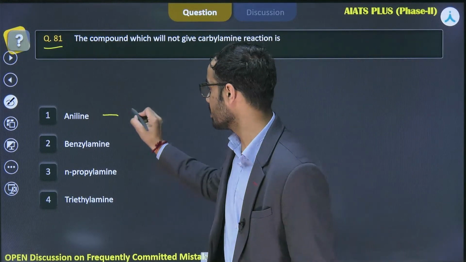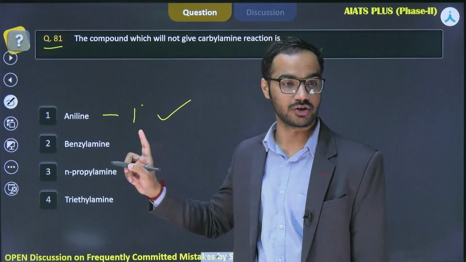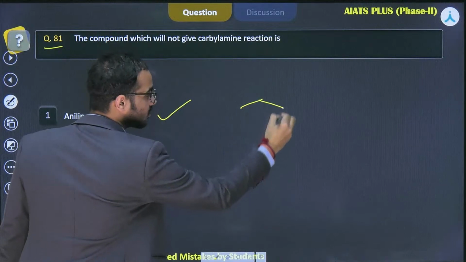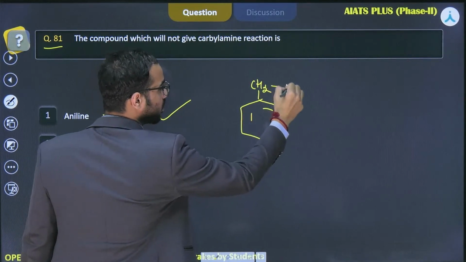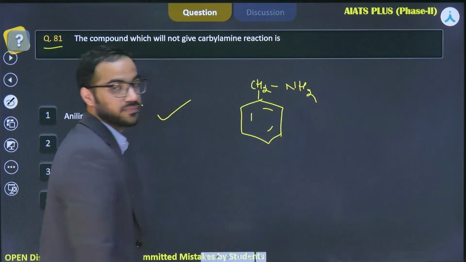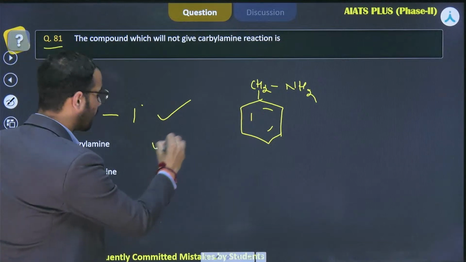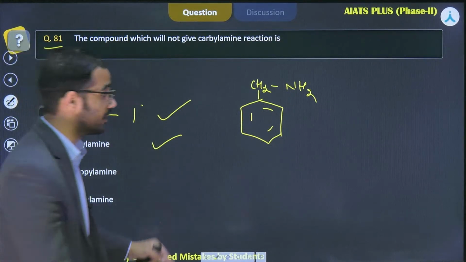Aniline. Aniline is a 1 degree aromatic amine. It can undergo the carbylamine reaction. Benzylamine: the structure of benzylamine is this, CH2 and NH2. This is also a 1 degree amine, so it can undergo the carbylamine reaction. The next one is n-propylamine.